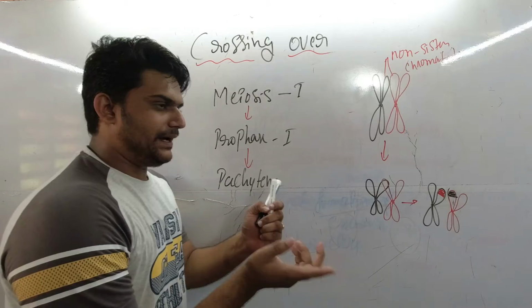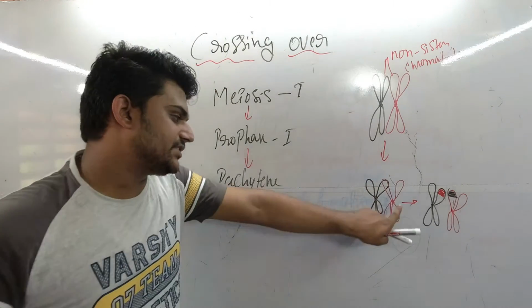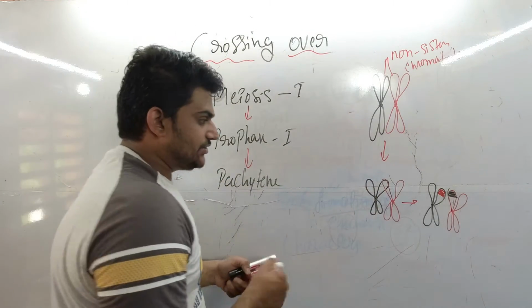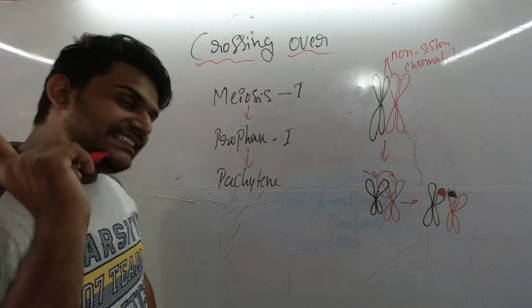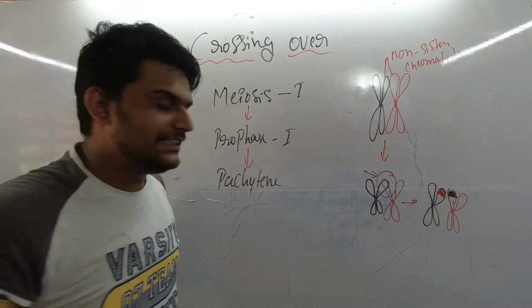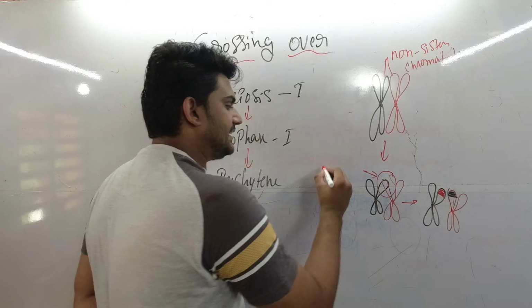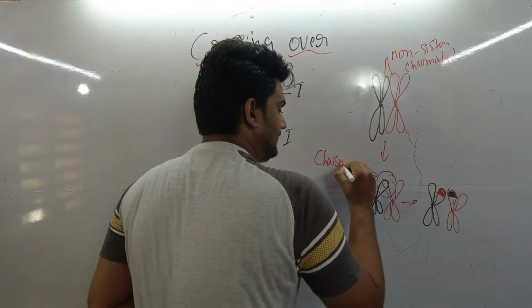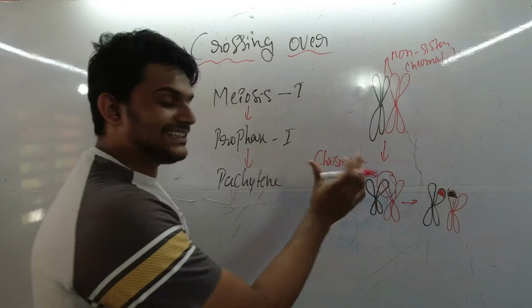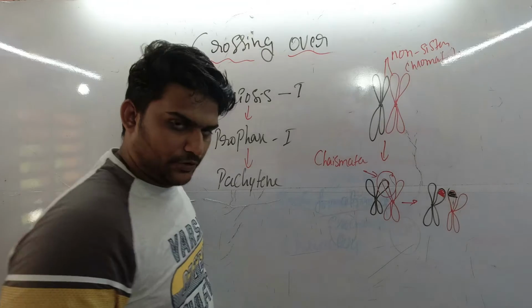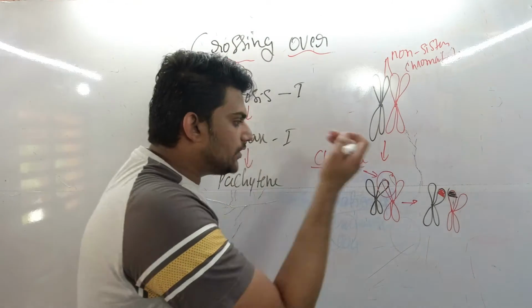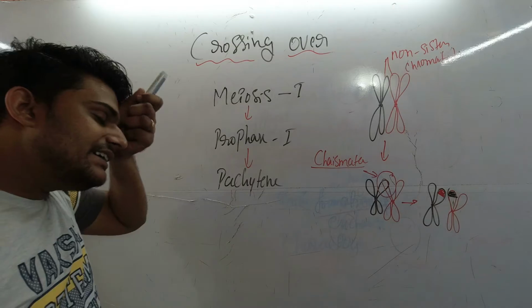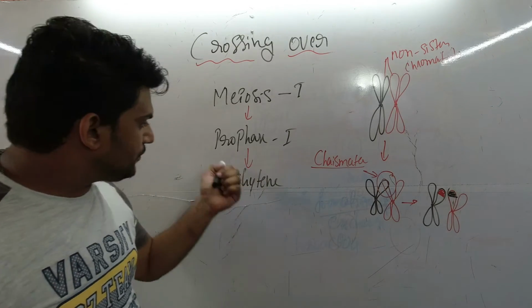When crossing over takes place in the pachytene stage, this point is known as the region of chiasmata, where the exchange of the small piece of chromosome takes place.